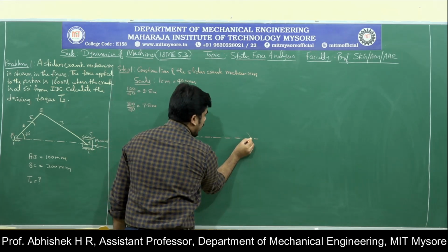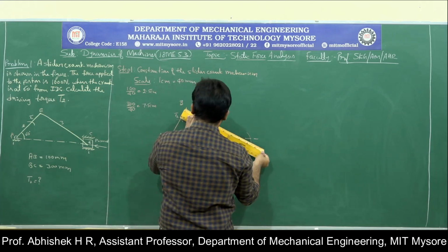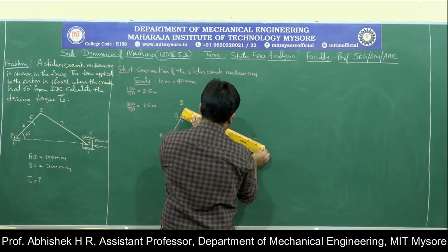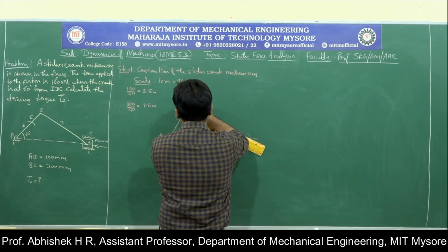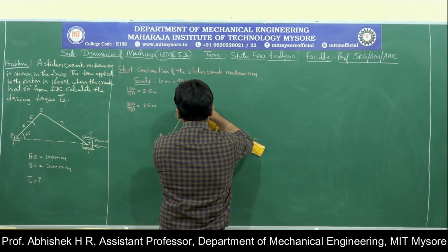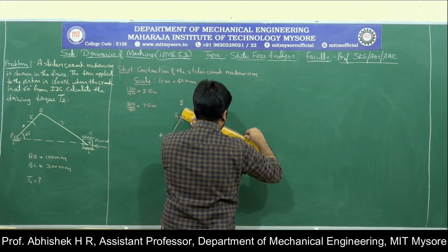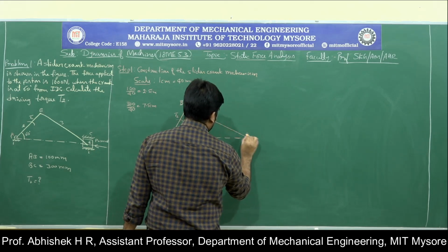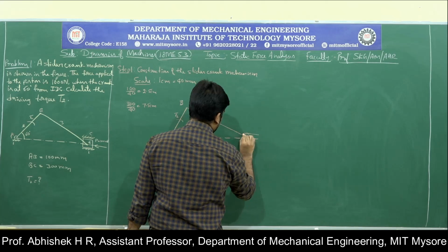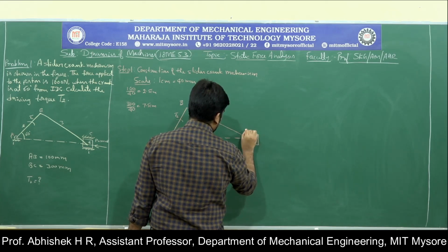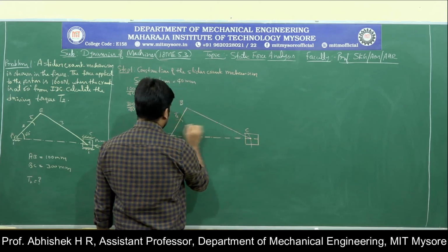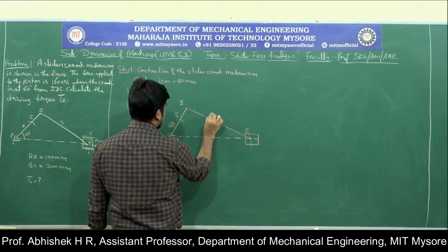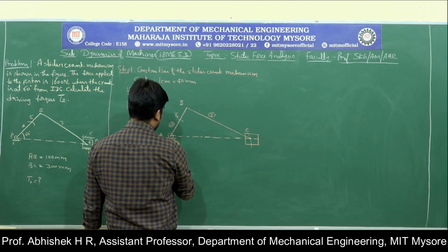Mark this point and join this BC line. So this is C. This is link 2, this is link 3, and this is link 1.